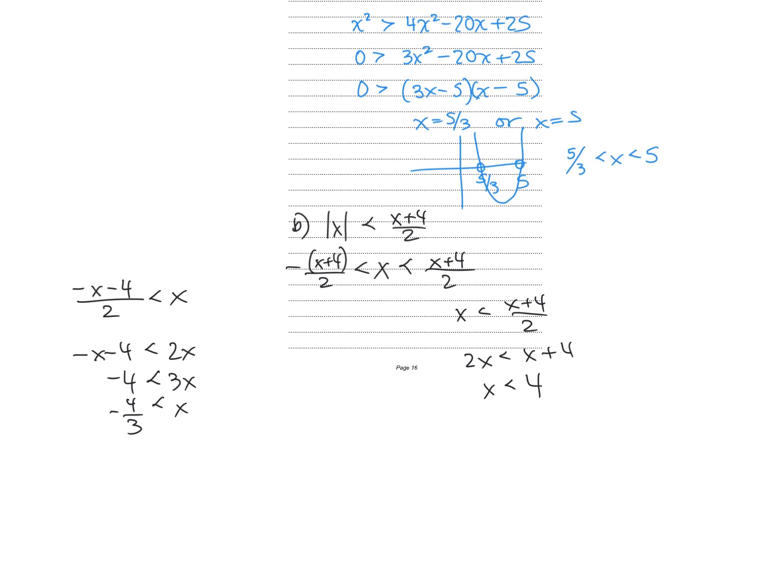So we've got x less than 4 this way, and x greater than negative 4/3. So this is the intersection in between negative 4/3 and 4.